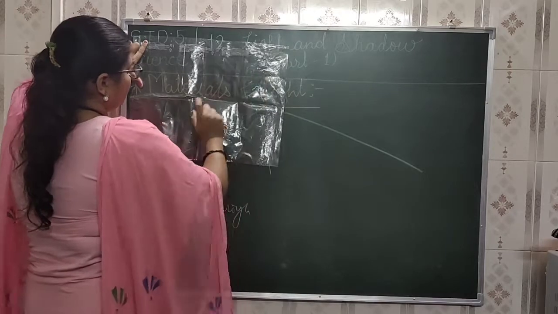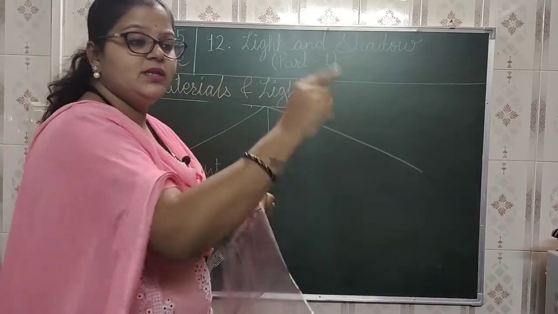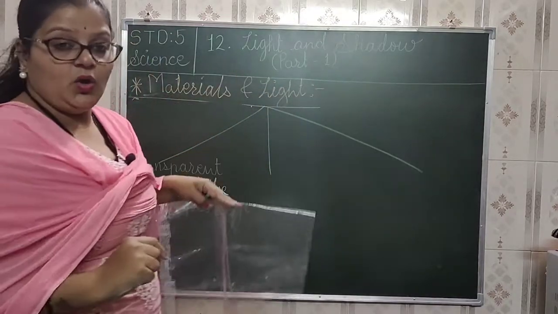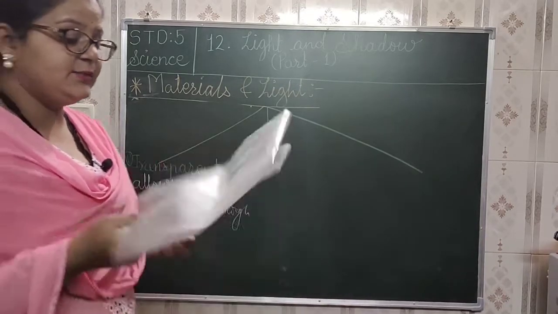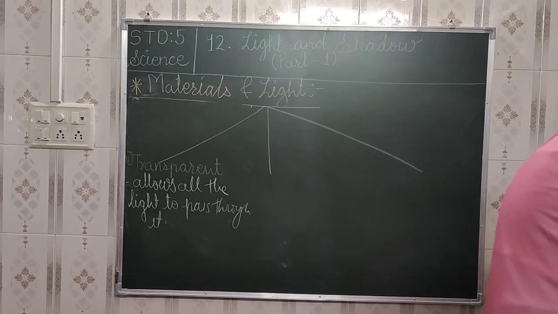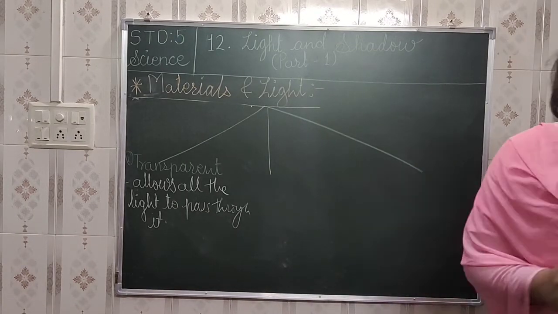Why? Because this plastic is allowing all the light falling on this surface to pass through. All right, so that is why we can read. So like this plastic, there are examples like glass. Of course, we can see through the glass, right?